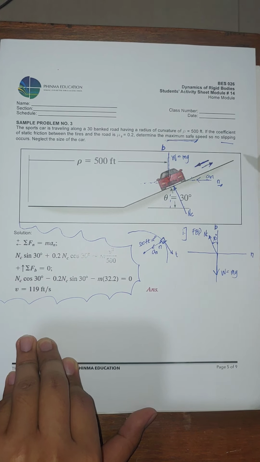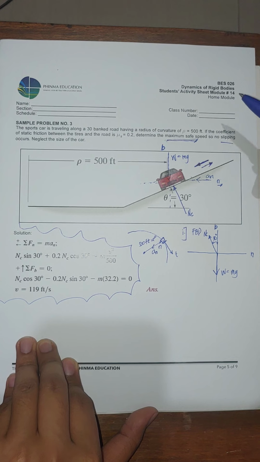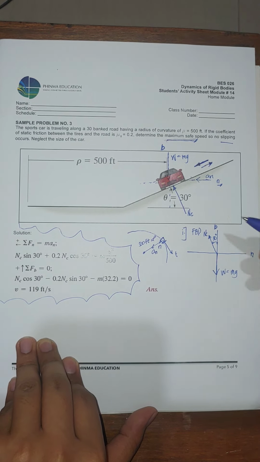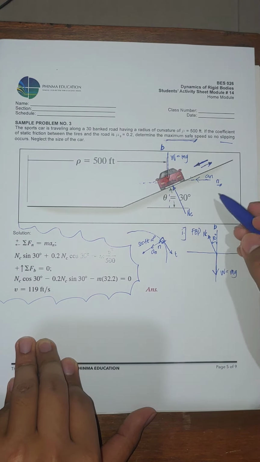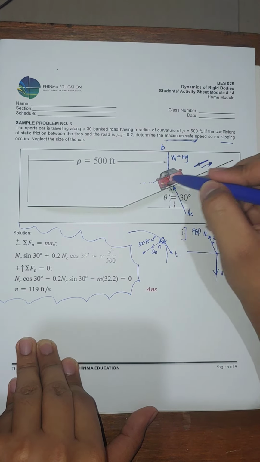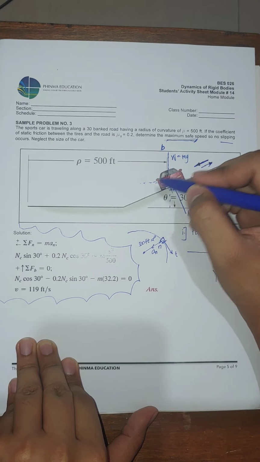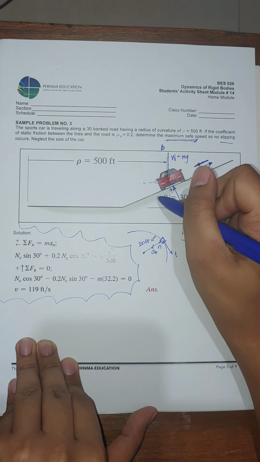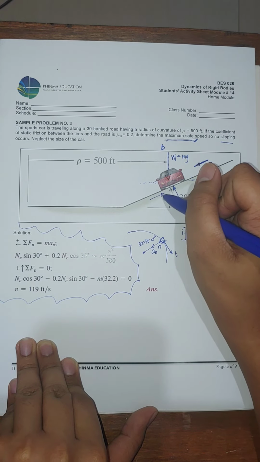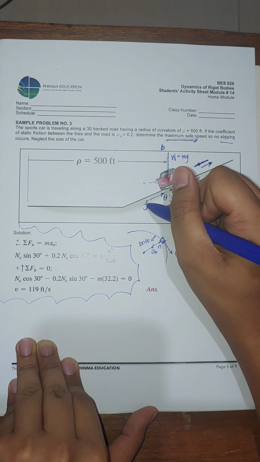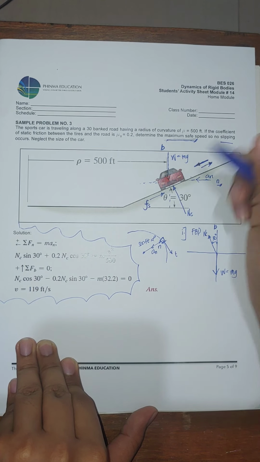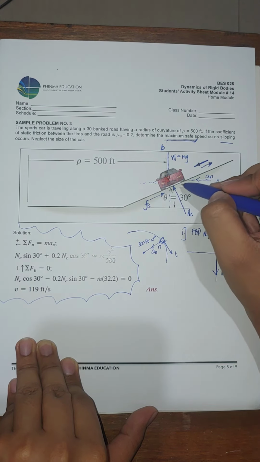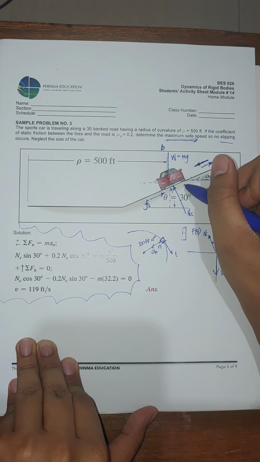The motion of the car. So therefore, we have two considerations for this one, no? So if the motion goes downward, the friction goes upward. So we denote the friction as small letter f sub s. If the motion goes upward, so the friction goes the other way around.